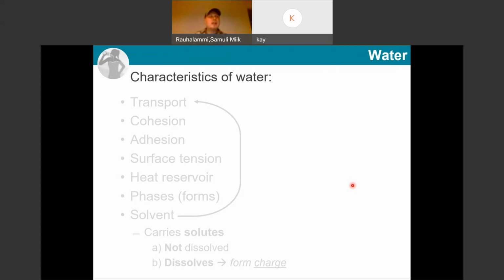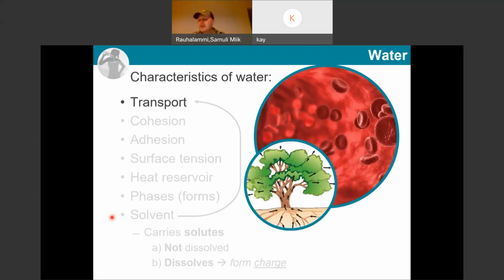And we're going to see that a lot of these themes I think you covered in your BIO201 classes, but we'll revisit this. So the first thing I've listed here is that water is excellent at transporting things in an organism. This can be through the circulatory system, where we have, for example, blood, which is largely made of water. Remember the blood plasma.